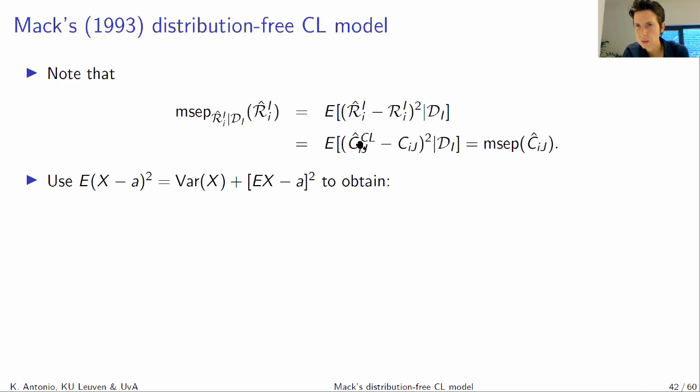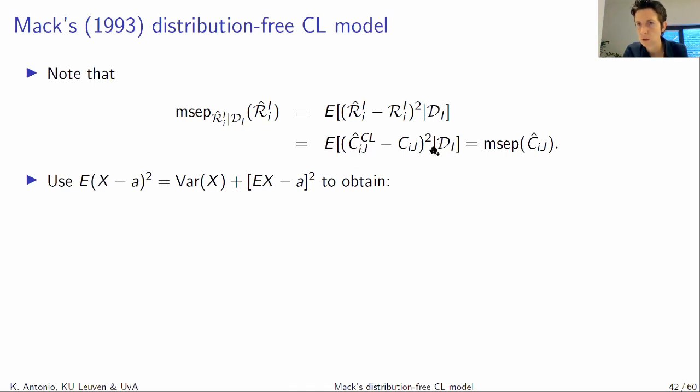So the c hat is purely constructed from the data in the upper triangle. Given that you condition on the upper triangle, you know everything that is inside the c hat, because the c hat is using the most recently observed claim amount, and it's using development factors, but these development factors are also constructed from the cells in the upper triangle.